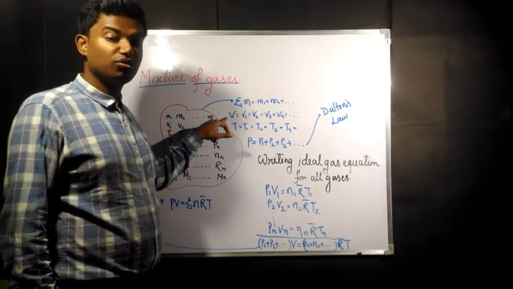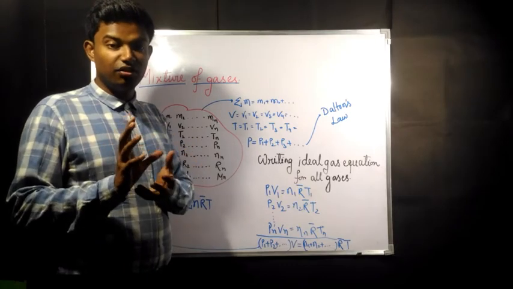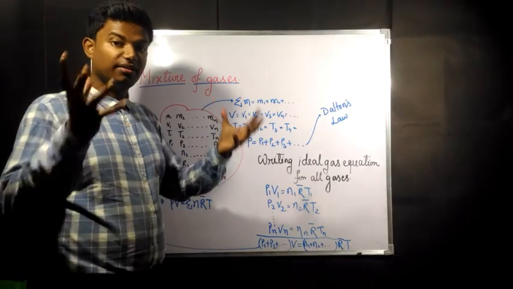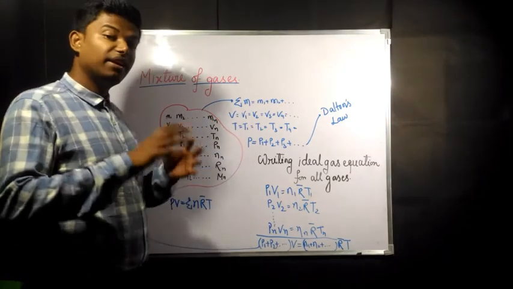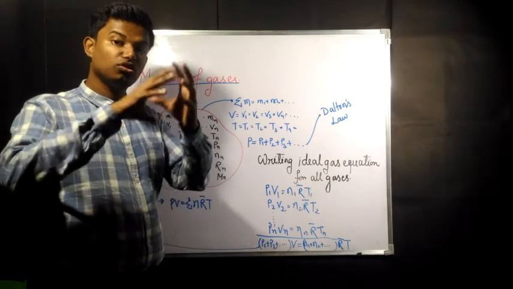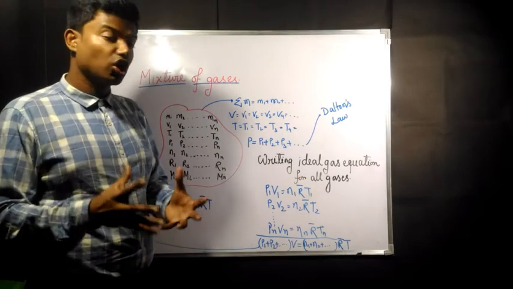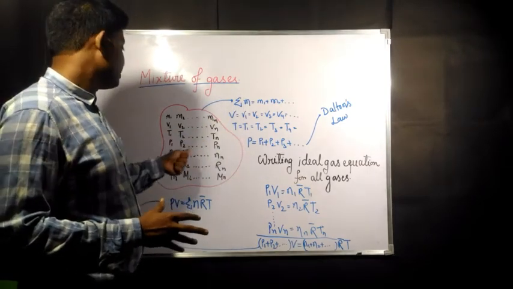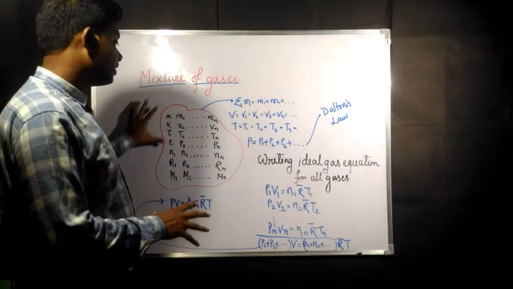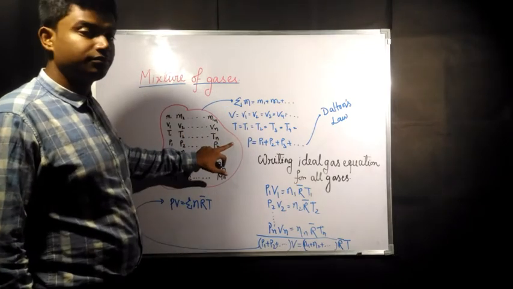Now in volume, what happens? However small the amount of gas, it will expand and take up the whole volume. So even in a mixture of n gases, the individual gases will each occupy the whole container.